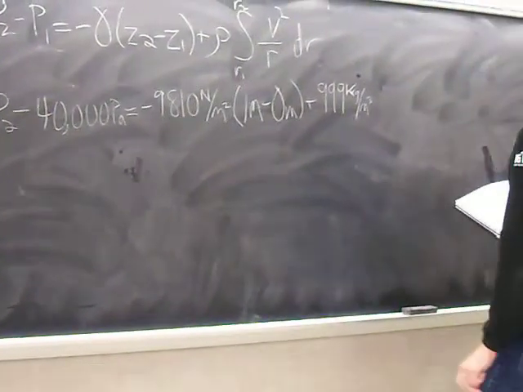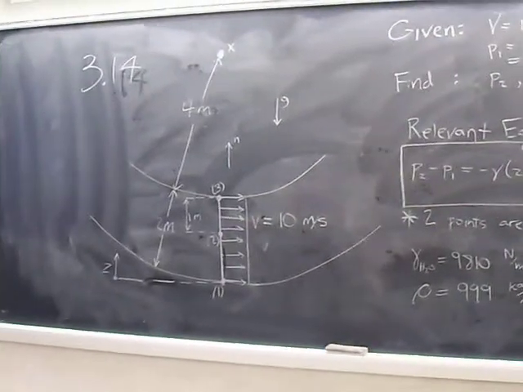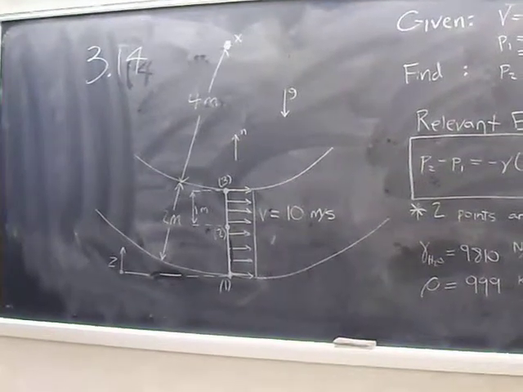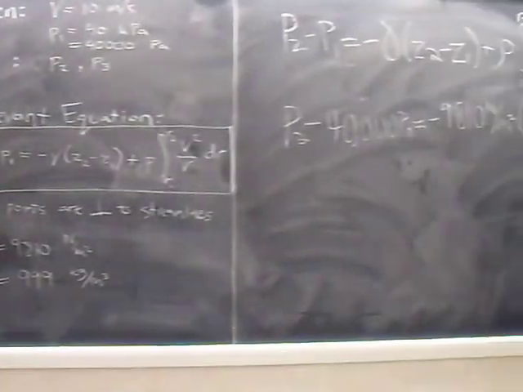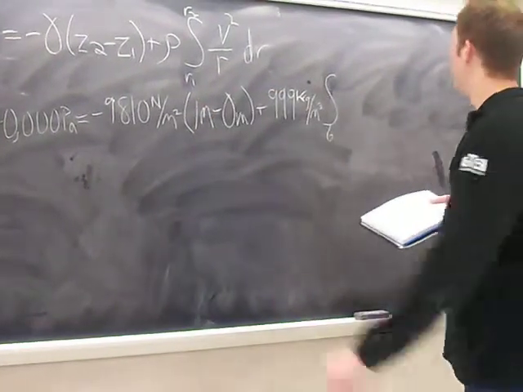And then we have that times the integral from R1 to R2, measured from the center of the radius of curvature. So R1 will be 6 and R2 will be 5.